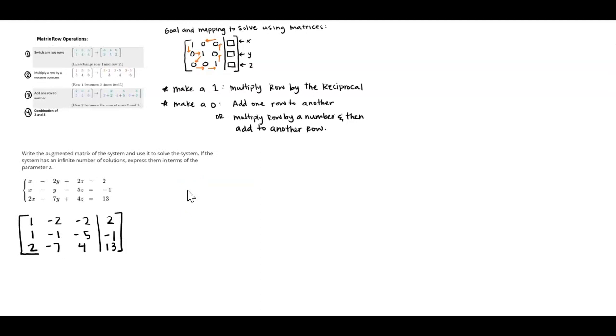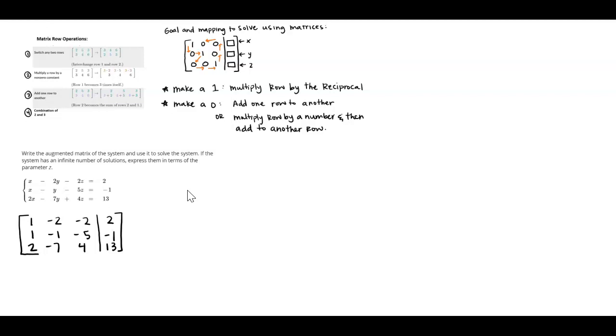All right, so that is what it starts off looking like, and so that's what I want to try and talk about here. So remember, when we're with our mapping, we want that first upper left-hand corner number to be a 1, and it already is, so that's great. So the next thing that we need to do is get the one that's just underneath it to be a 0. So remember that our row operations, the things that we can do here, is we can multiply by a number and then add it to another number.